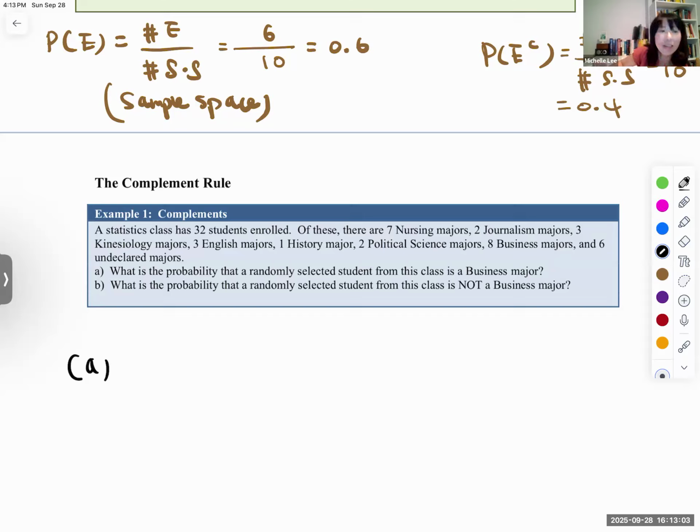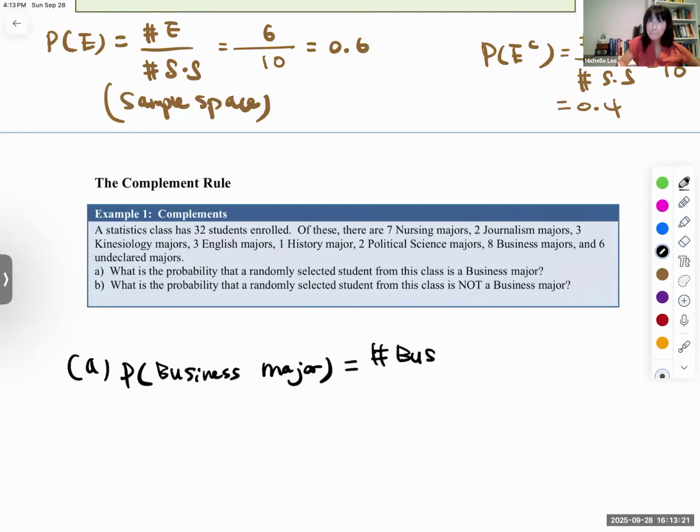Yeah, okay. All right, so probability of business major. We count how many business majors, so the number of business majors, or frequency, divided by the number of the sample space.